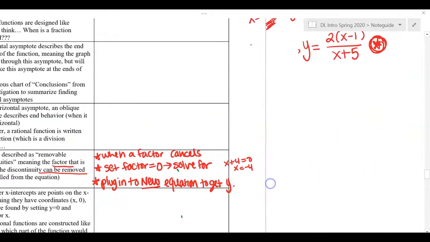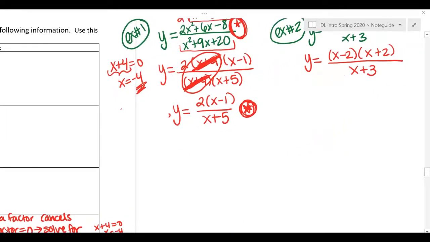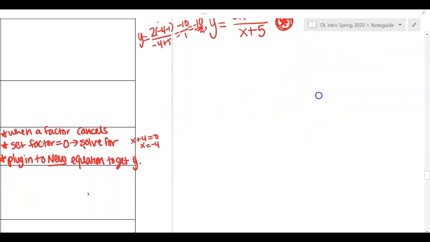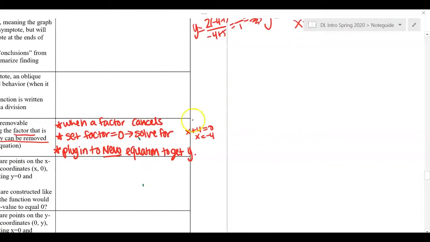So like we did here, when we plugged -4 into the new equation, we had done this arithmetic and gotten -10. So for y, this means that our hole is at the point -4 for x and -10 for y.